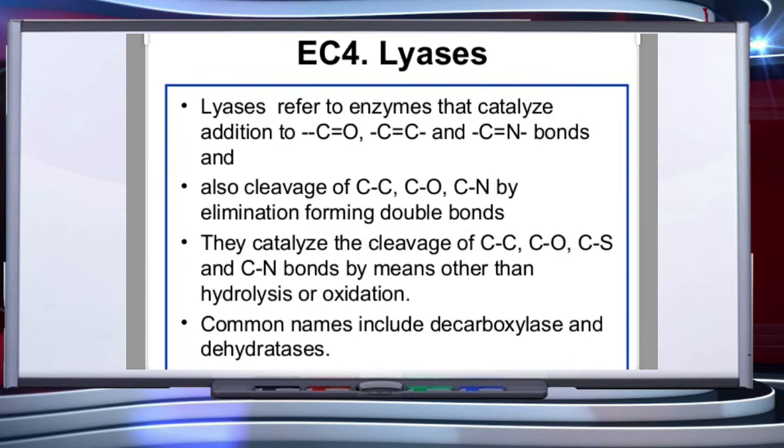The fourth class of enzymes is lyases. Enzymes that catalyze removal of groups from substrates by mechanisms other than hydrolysis, leaving double bonds. They catalyze the cleavage of carbon-carbon, carbon-oxygen, carbon-sulfur and carbon-nitrogen bonds by means other than hydrolysis or oxidation.